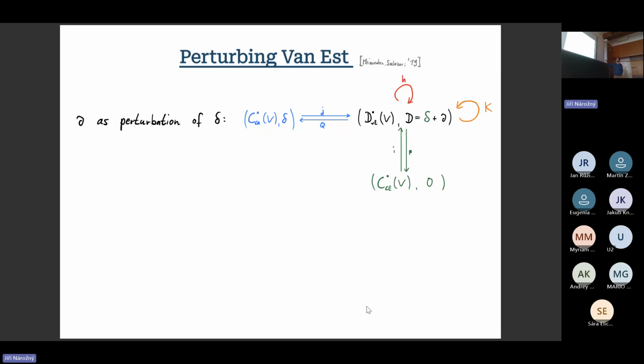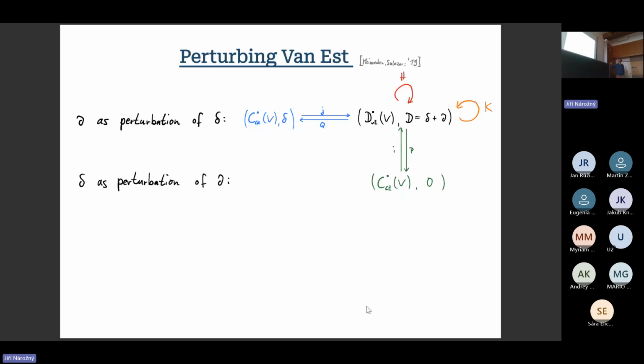And now we do the same thing again in the vertical direction. We view partial as a perturbation of the green delta and apply our homological perturbation lemma. We have to perturb our P, we have to perturb our I, but the I actually stays the same. We have to perturb our homotopy, and we have to perturb the zero differential, and it turns out the perturbation is again zero.